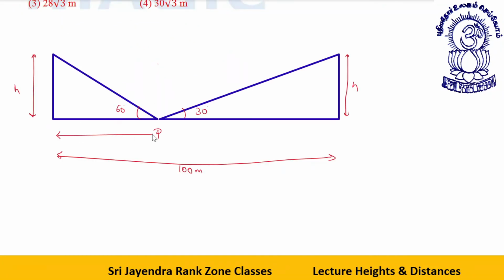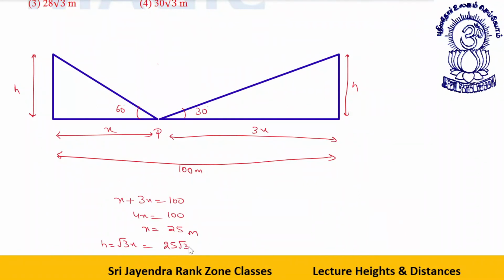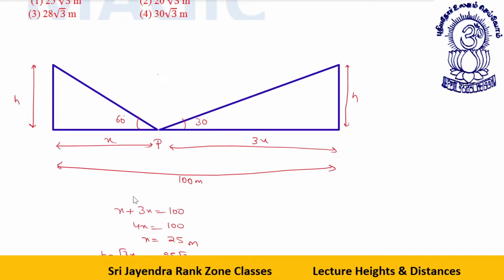This is x, this is 3x. x plus 3x is equal to 100, 4x is equal to 100, x is equal to 25 meters. You have to determine this h. H is root 3 x, or 25 root 3. Option number 1 is your answer.